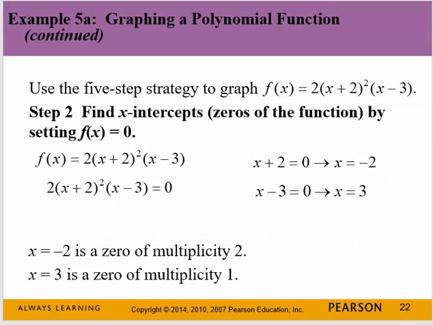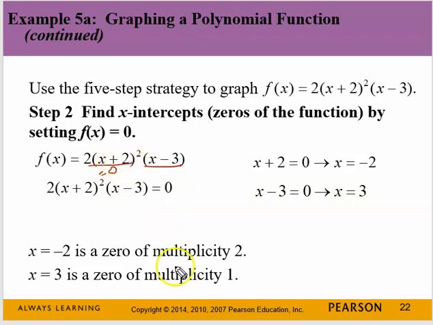Now, finding the intercepts, that is the zeros. Now, since this is in its factored form already, we can take each of these factors and equate it to 0. So this factor equals 0 here. This factor equals 0. So here we're going to get 2 of the same.